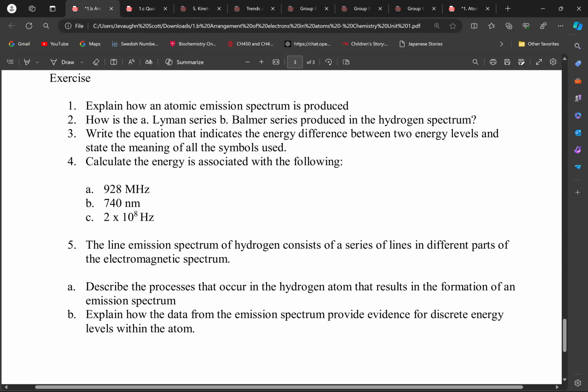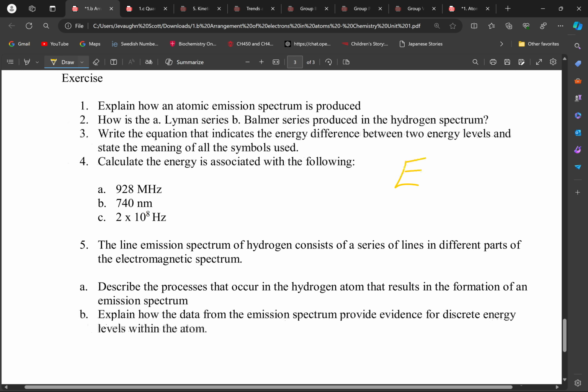We must be able to write the equation which indicates the energy difference between two energy levels and state the meaning of the symbols used. What do we do? The energy itself is in relation to Planck's constant times nu. Nu is a Greek letter that looks like a V that speaks to the frequency of the light.